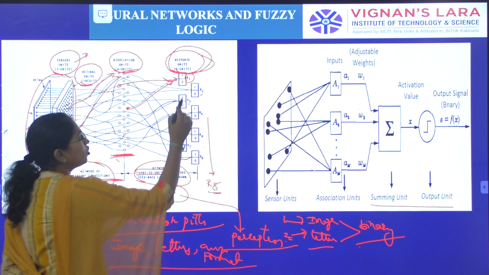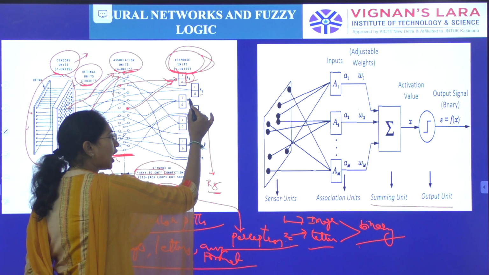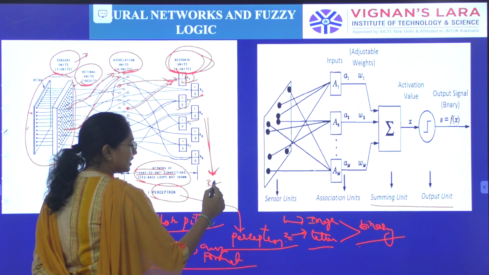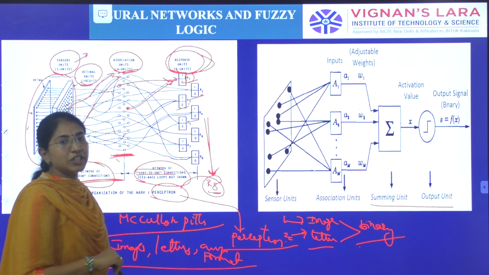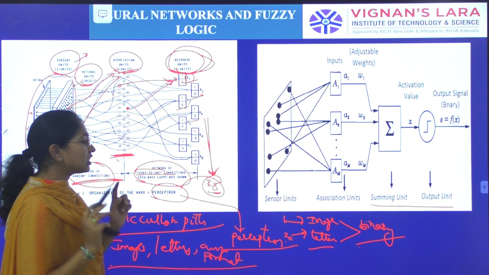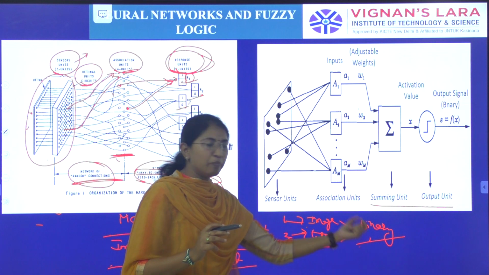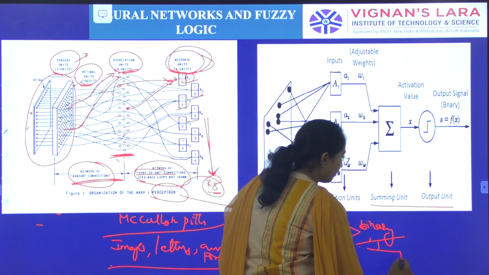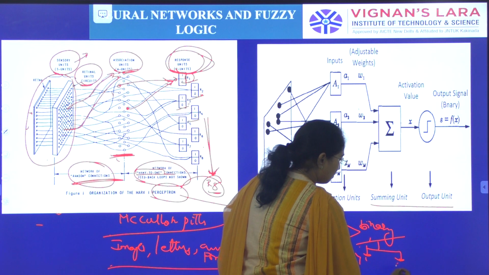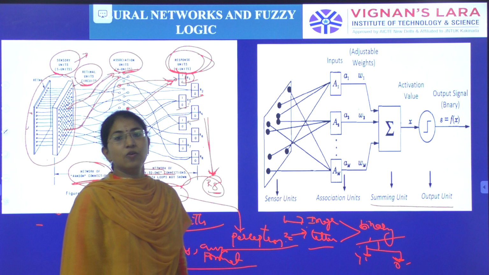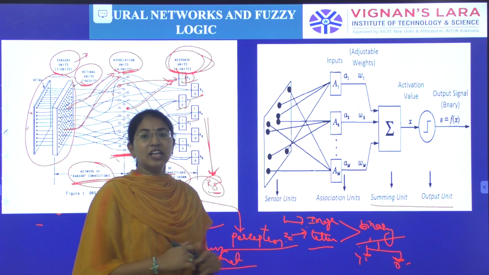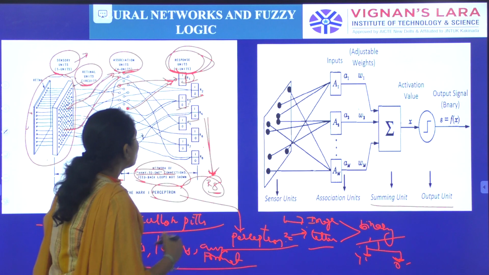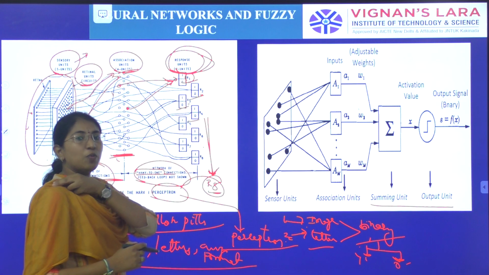In the same way, not only for R1, you can consider R2, R3, R4 and so on up to R8, and the same procedure will be repeated. The converted values will be of binary type, and the binary value can be either 0 or 1. So that is obtained at the first response unit.